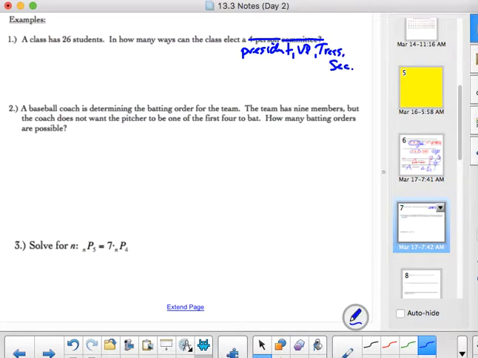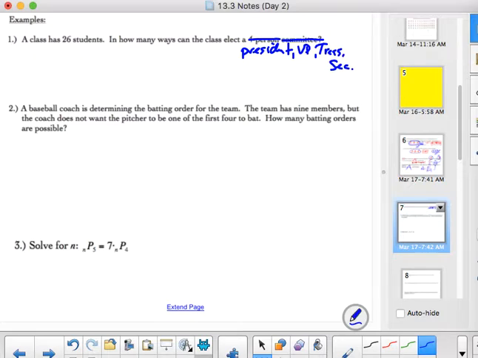Change the problem a little bit. Tomorrow in class, or actually probably on Monday, we'll get to talking about how we look at committees and how that's a little bit different. But this is essentially the same kind of situation as the luge question, where there's one person for one position and another person for another position, and so on and so forth. So president, vice president, secretary, and treasurer.